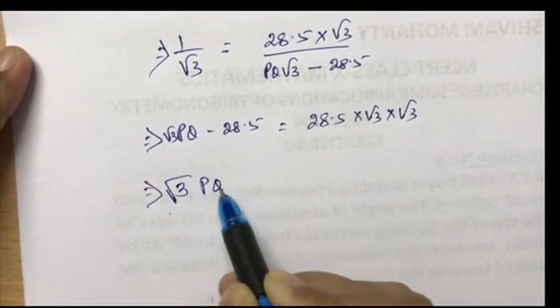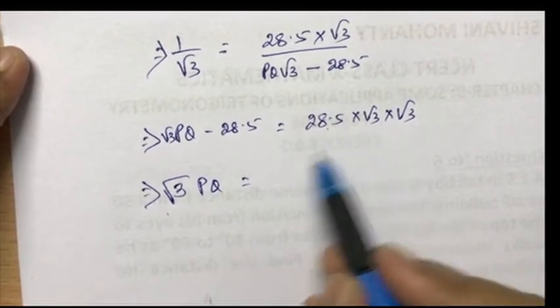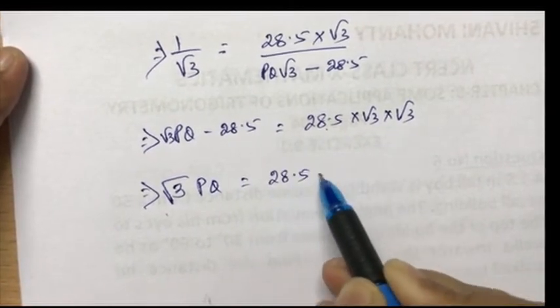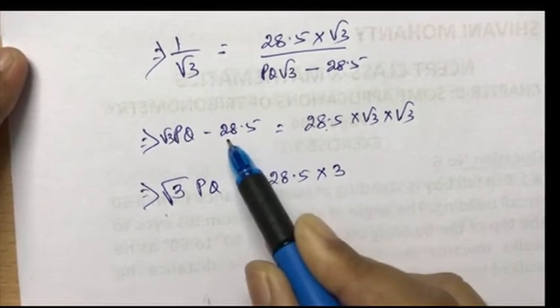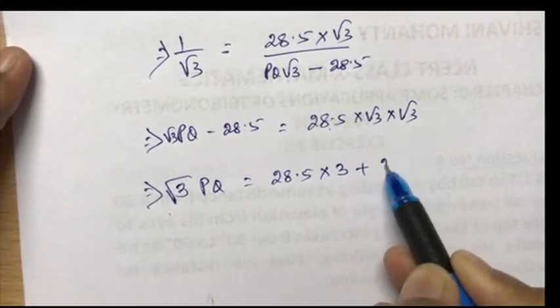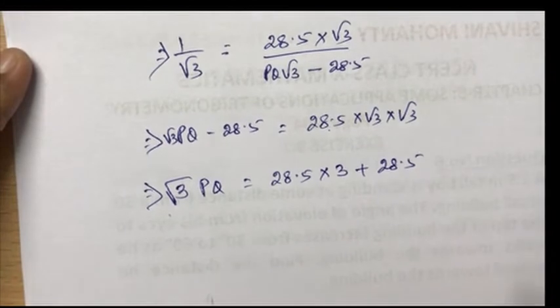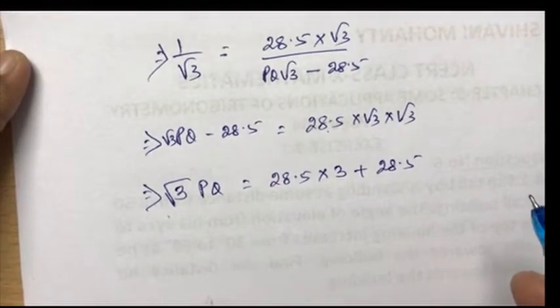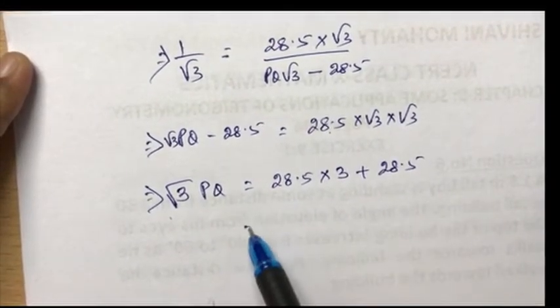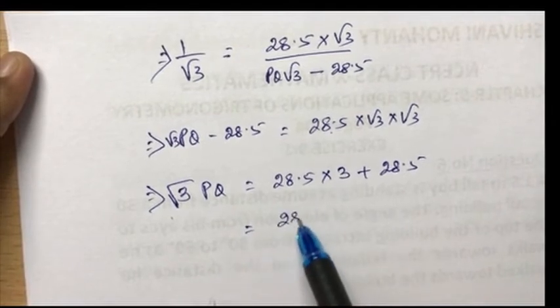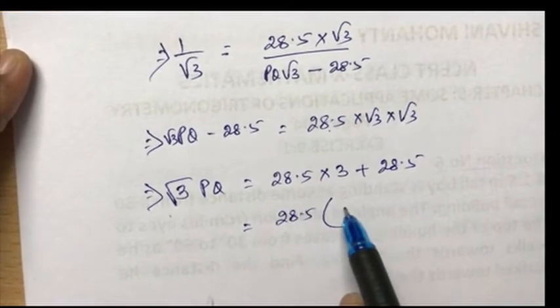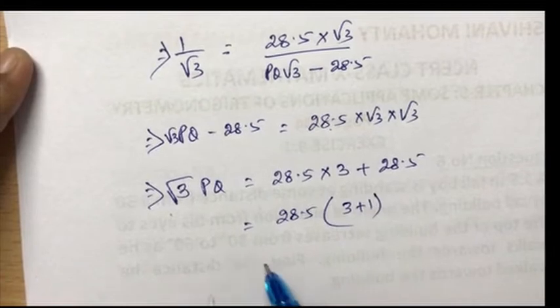Root 3 PQ is equal to 28.5 into 3, and I have taken this one here, plus 28.5. If I take 28.5 common, 3 plus 1 is 4.